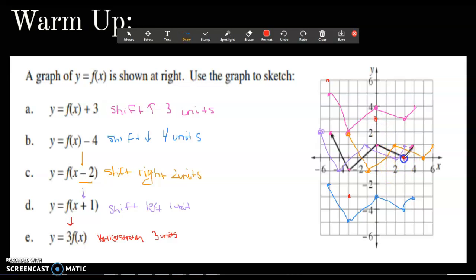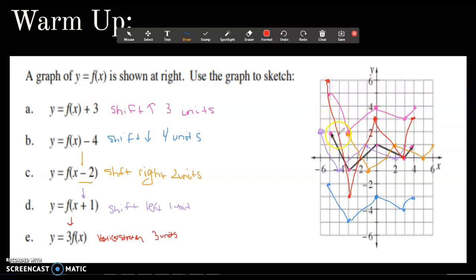That's going to keep me right here. Up here where I'm at 1, I multiply it times 3, and that's going to bring me to 3. So I have stretched this thing. Look at it, it's stretched out 3 units. And there we go. I put a vertical stretch of 3 units on the function.